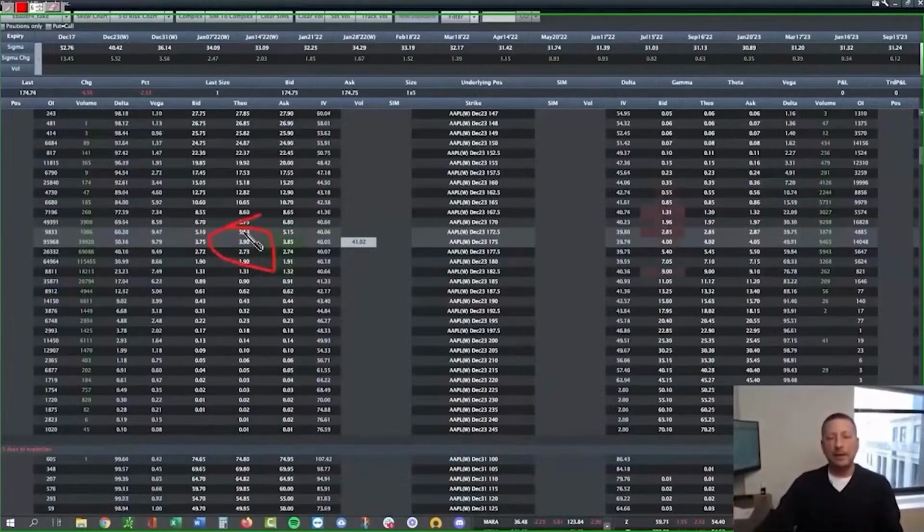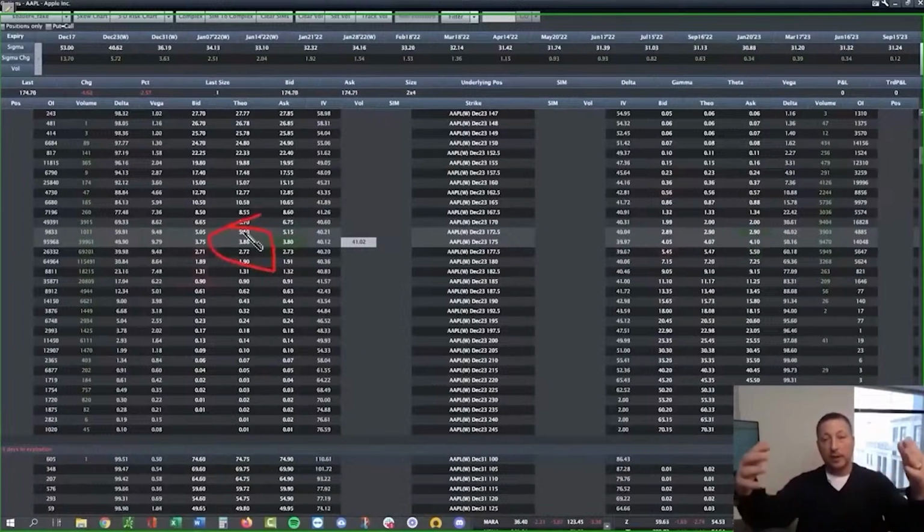So what this tells us is we know that if we're buying expensive volatility, the likelihood is it's going to come down, and the value of the option that we just bought is going to go lower. Same thing if we sell volatility when volatility is down at the bottom end of its range and the likelihood is it's going to go up, then the option we've sold could become worth more.